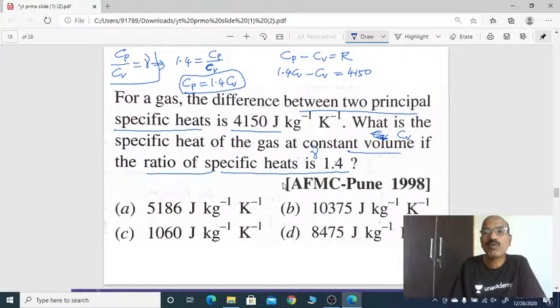Now 1.4 minus 1 is 0.4, so 0.4 Cv equals 4150.